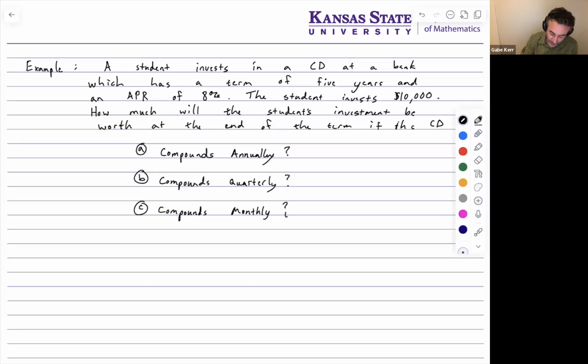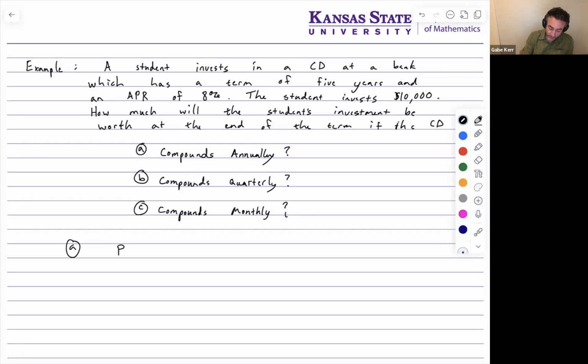For part A, we have a formula that we've done in the previous video. The answer here for A is we take the principal, which we write as P, and multiply it by 1 plus R to the fifth in this case, to the term.